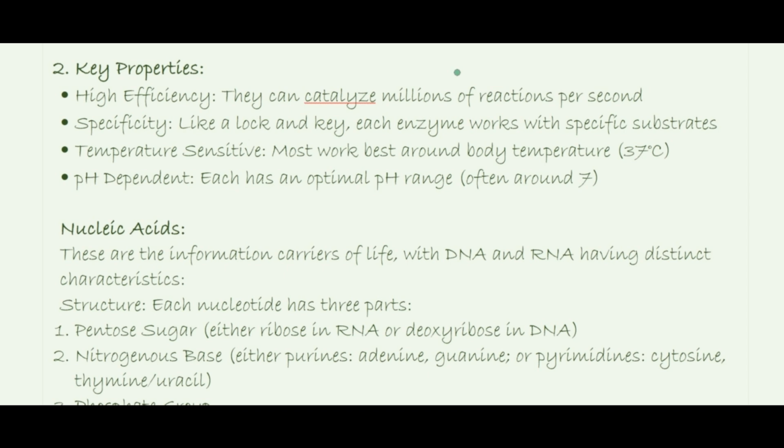Specificity just follows the lock and key method. A particular key goes for a particular lock, not for everything, right? Similarly, the enzyme behaves. It's suitable for specific reactions or specific substrates to form product.